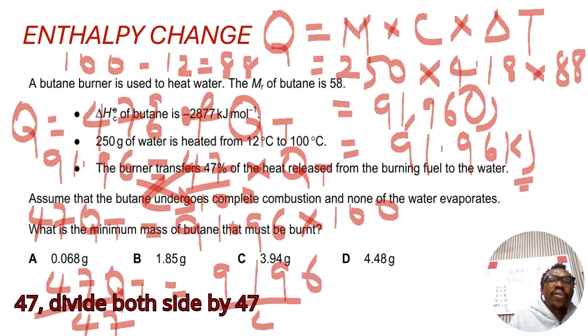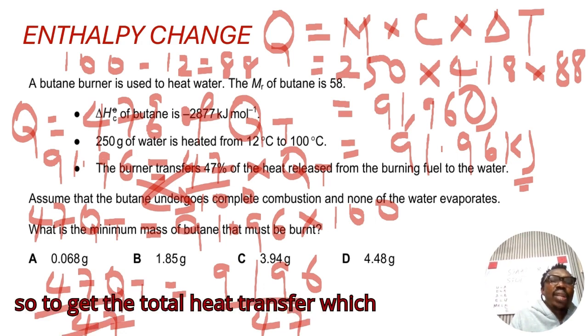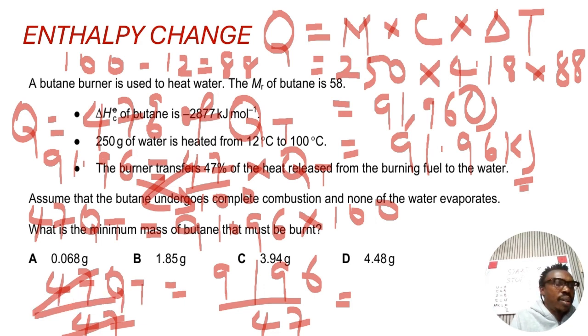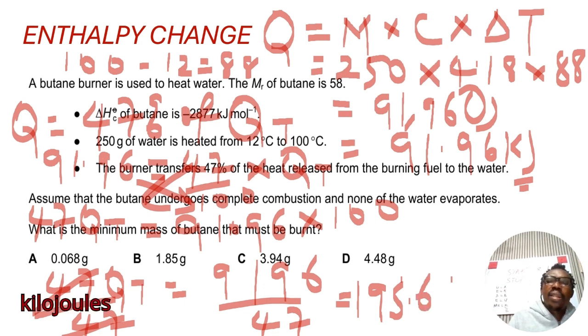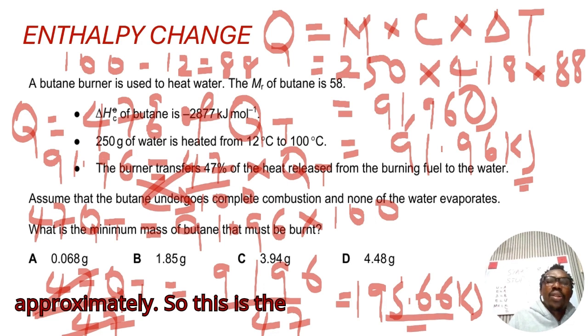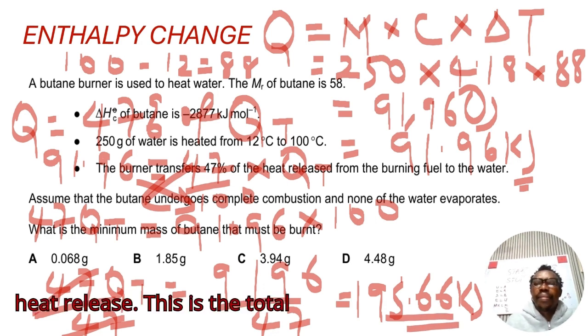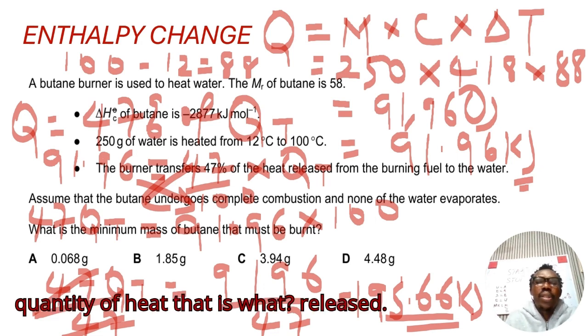Divide both sides by 47. So to get the total heat transfer, QT will now be equal to 9196 divided by 47. So you get 195.66 kilojoules approximately. So this is the heat release. This is the total quantity of heat that is released.